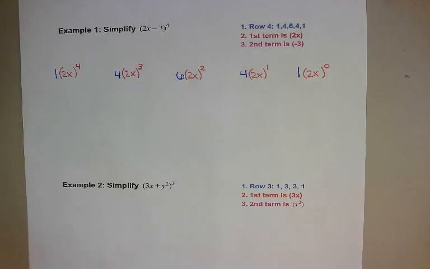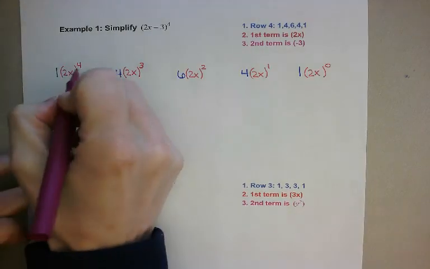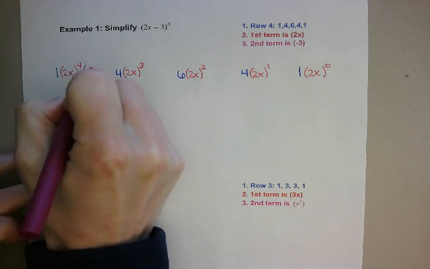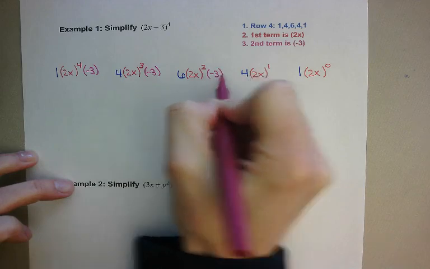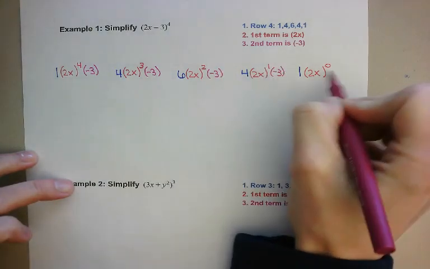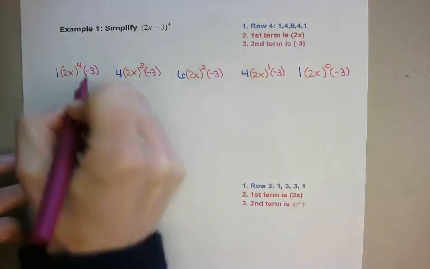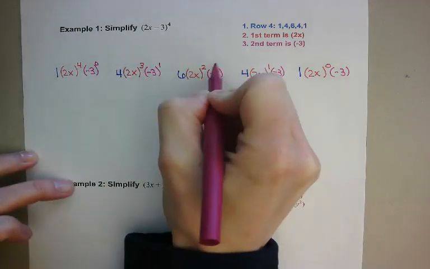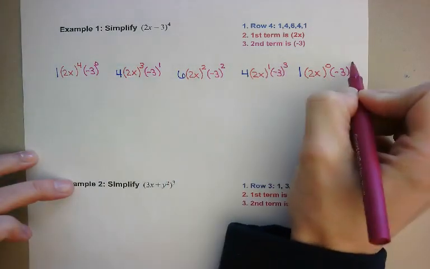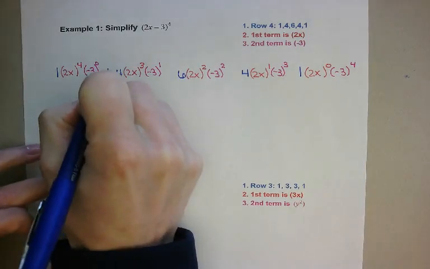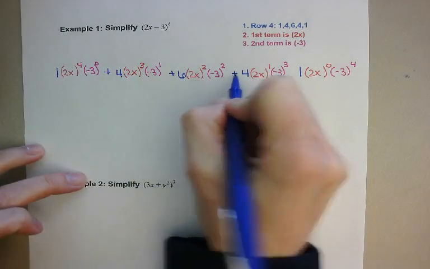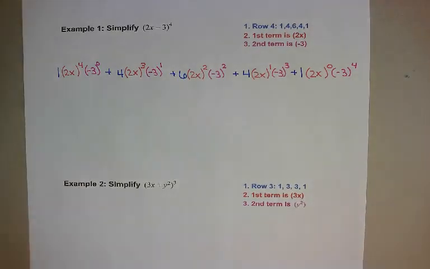And then I want to identify the second term, which is the negative 3. Remember, these start off at 0 and then increase. Okay, and these are all positive, so I'll put my additions there to separate them.